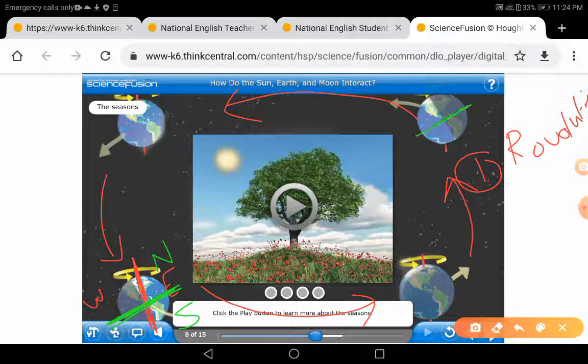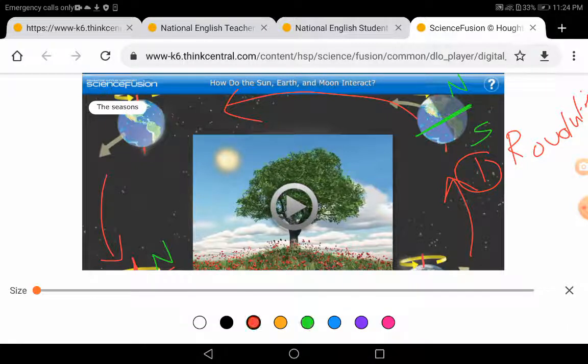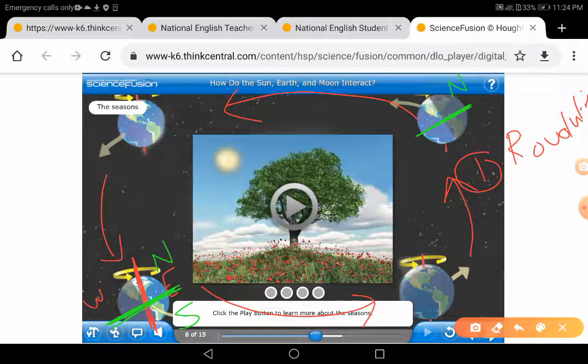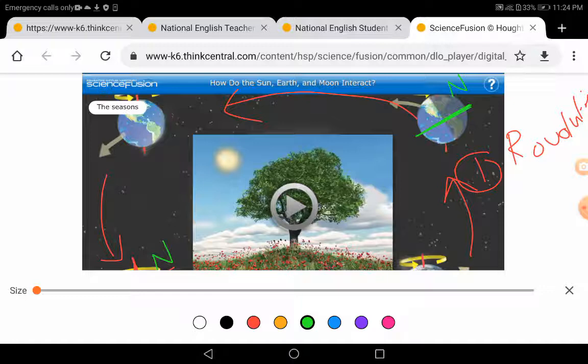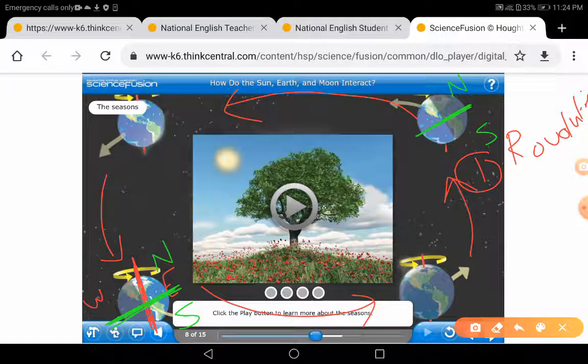This is the equator line. This is north, this is south, this is the axis, and notice that the axis is tilted. Okay, I'll do it the other way. So north, south, and this is the axis, and as we mentioned before, the axis is tilted.